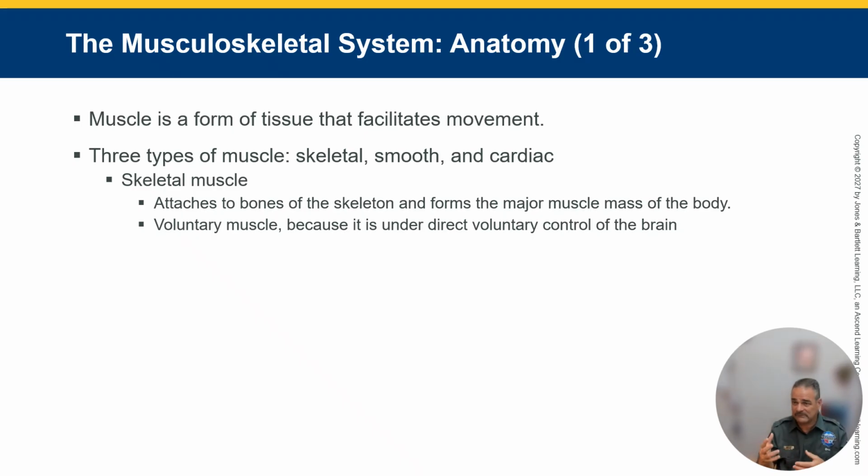You don't have cardiac tissue in your foot. So cardiac is heart, smooth muscle is the stuff in between, and it's everything but your skeleton. It doesn't connect to any of your skeletal parts. So very, very simple, easy stuff. When you break it down into easy stuff, it's easier to remember.